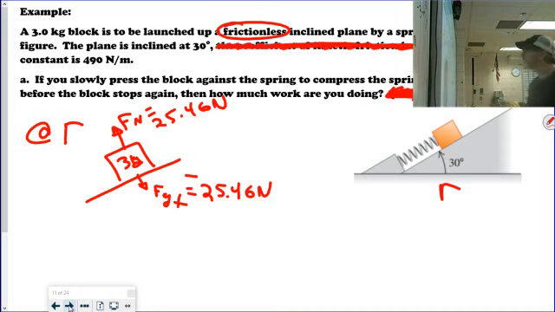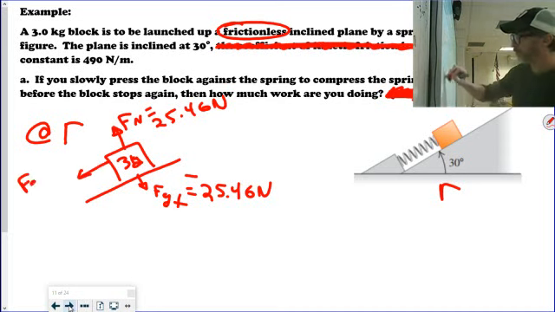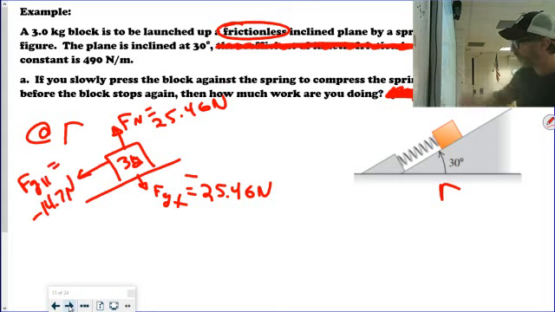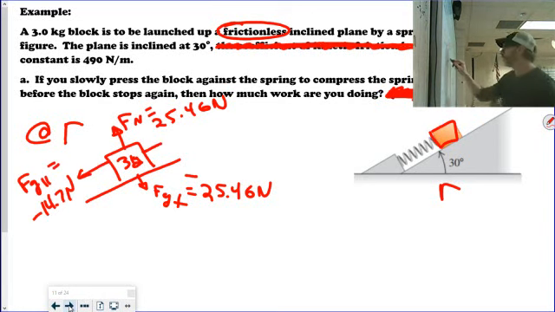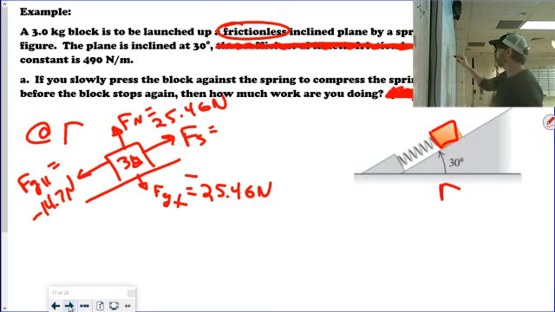Go ahead and make that guy negative. And then we've also got this parallel component of gravity that's pulling the block down the incline with a force of 14.7 newtons. And that's what's causing the spring to get squished a little bit, right? And in this image here, it's not moving, which means our net force is 0. That means that the force of the spring must be positive 14.7 newtons, right?